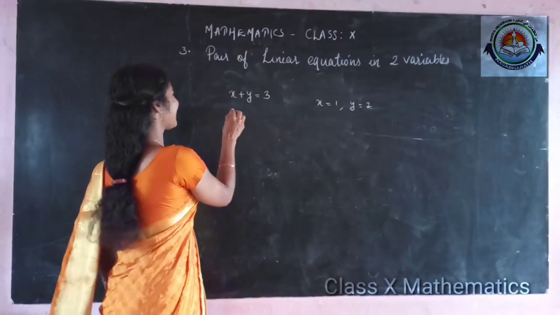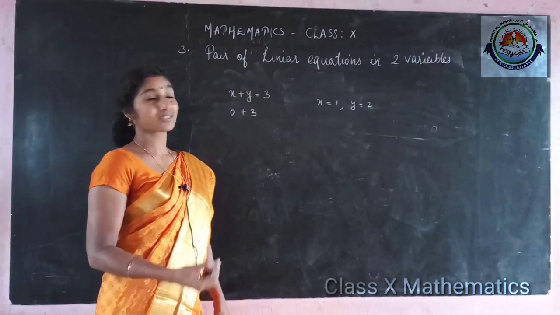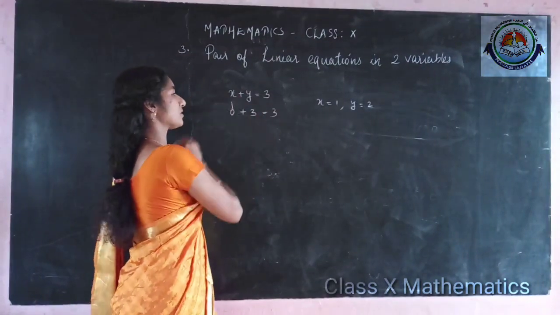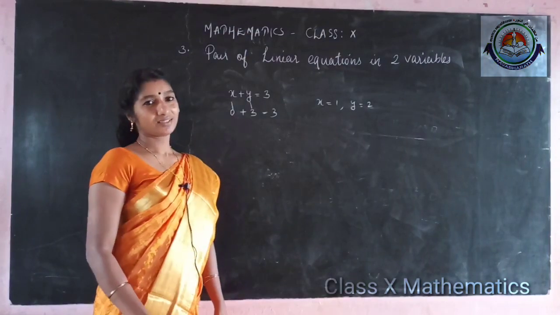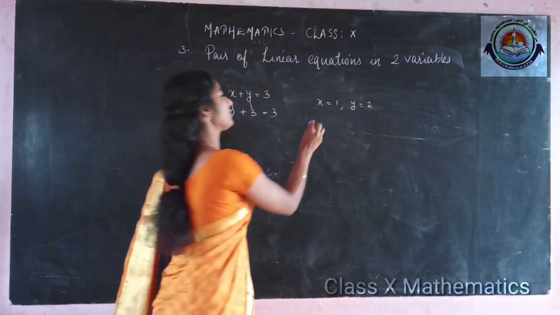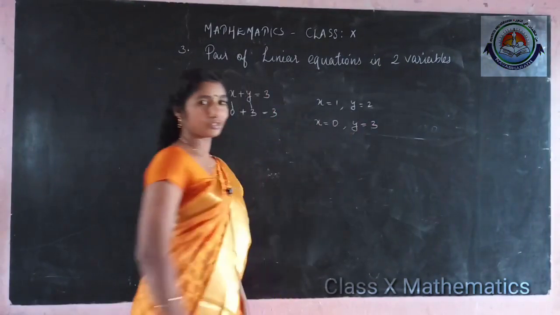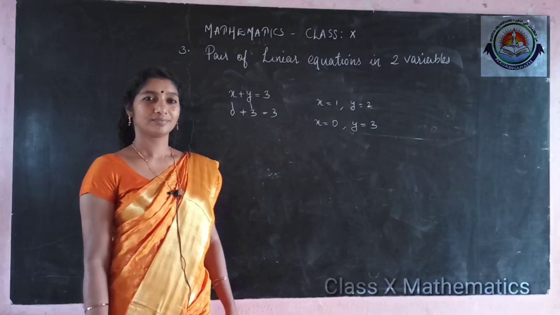Yes, x equal to 0 and y equal to 3, because 0 plus 3 is also 3. So this equation is satisfied by those numbers, and we are getting another solution.